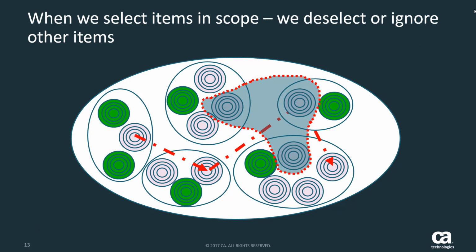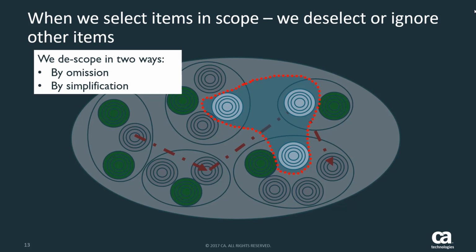Now when we select a cluster or group of systems, we select the items in scope, but we deselect or ignore other items. The systems, the pieces, the components, the viewpoint of what is in scope tells us what we're looking at. It informs our testing where we're looking at something specifically in scope to achieve some goal. Now we can descope things in two ways, by omission.